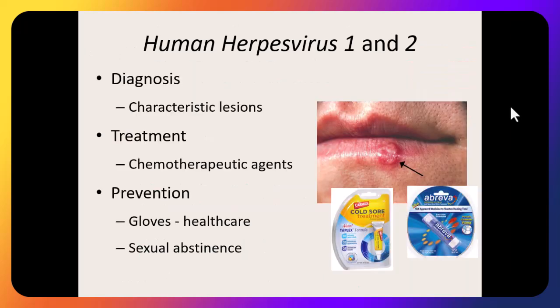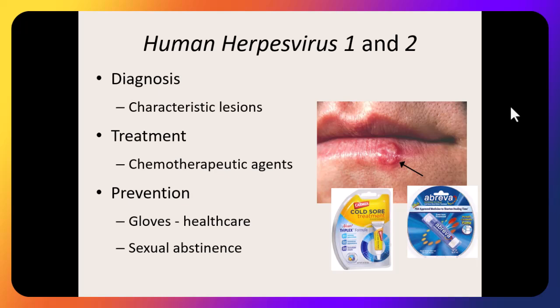Now, diagnosing either one of these two usually is just looking at those characteristic skin lesions. They generally don't do any other kind of antibody tests or DNA tests. It's just looking, yeah, it's a cold sore. Treatment, we do have some antiviral drugs that treat it, but it doesn't cure it.